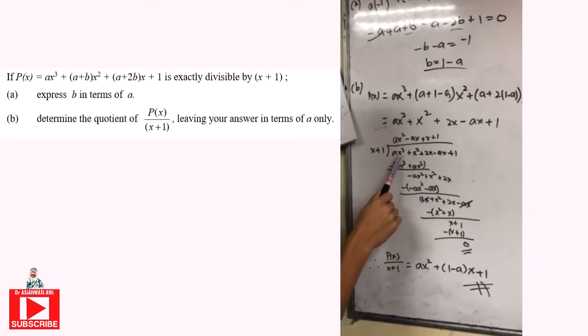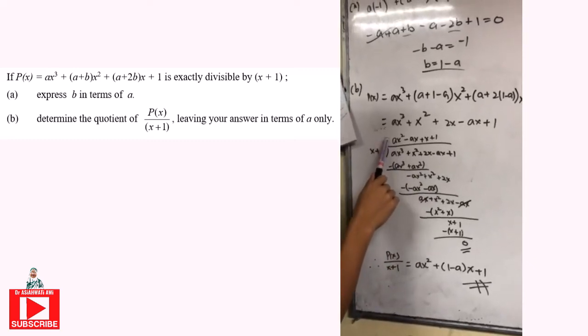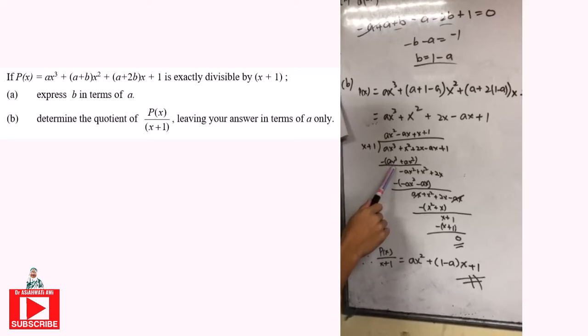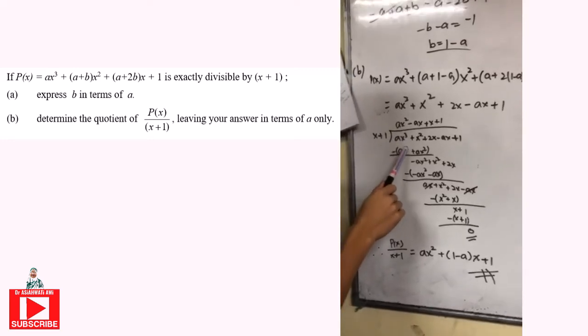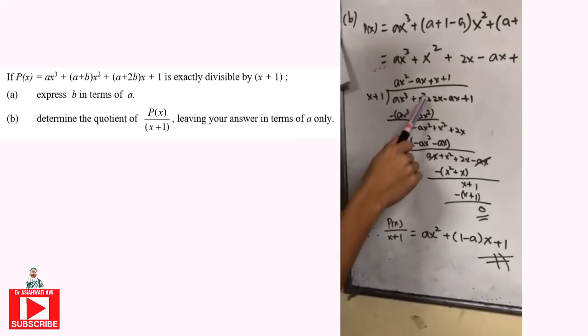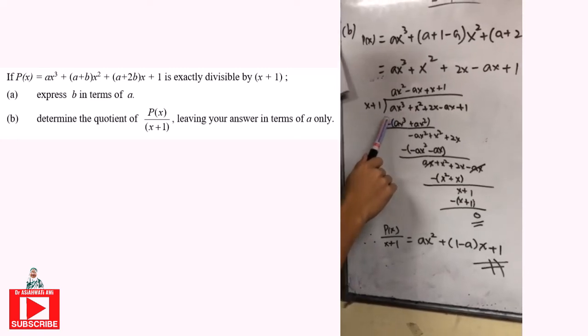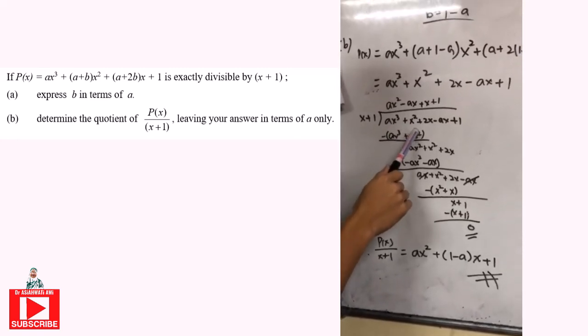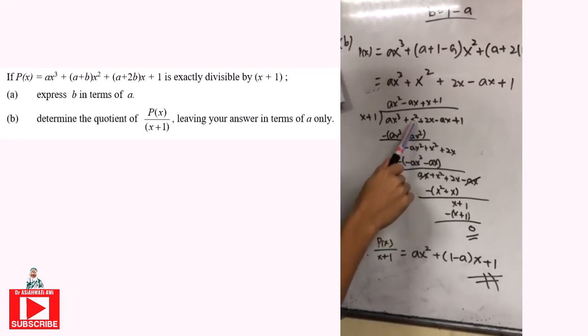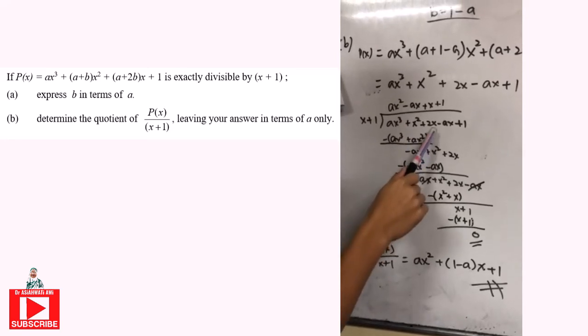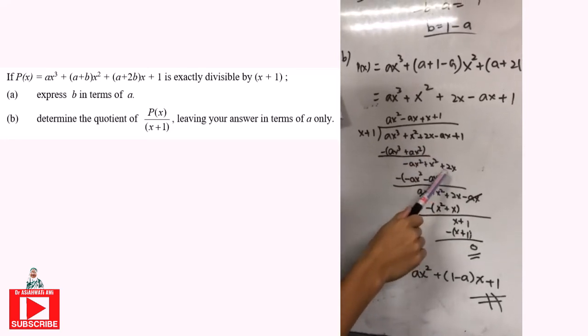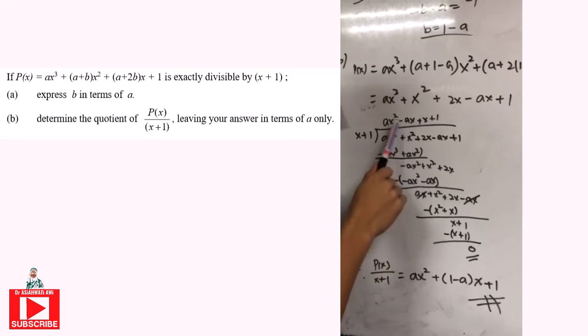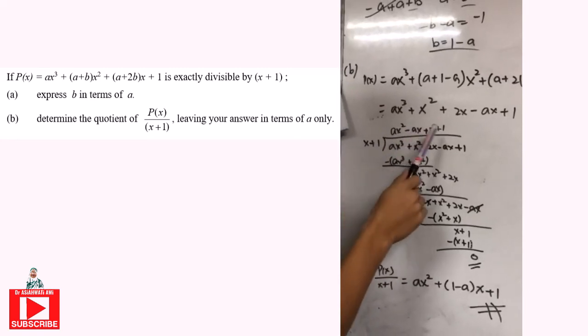To get ax cubed, we need to times x with ax squared. So we get ax cubed. And then ax cubed minus ax cubed, we get 0. So negative 1 times ax squared, we get negative ax squared. And then the x squared will move down. And then we also write down 2x. To get negative ax squared, we need to times x with negative ax.